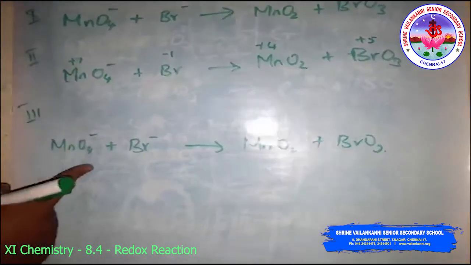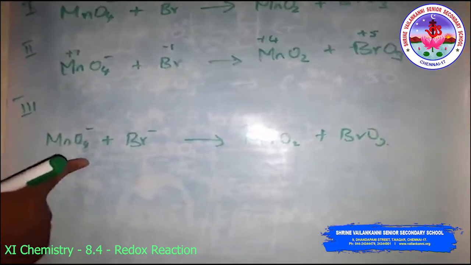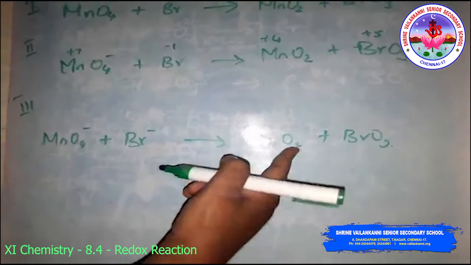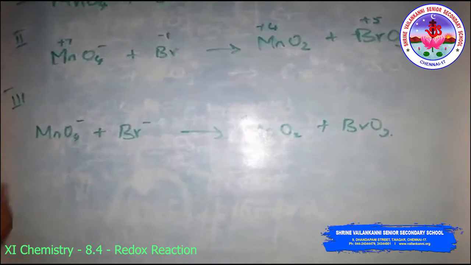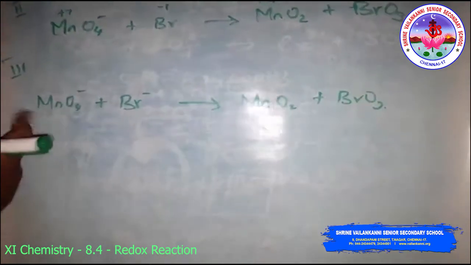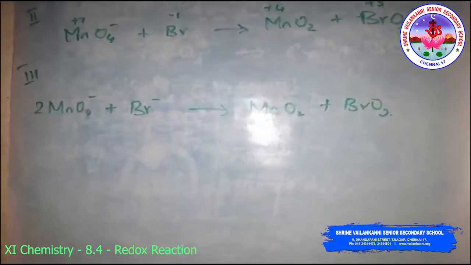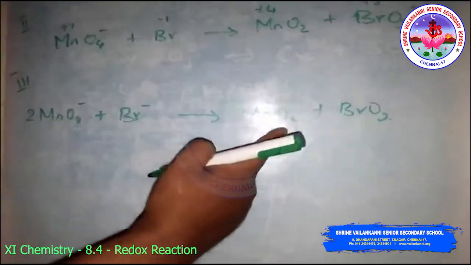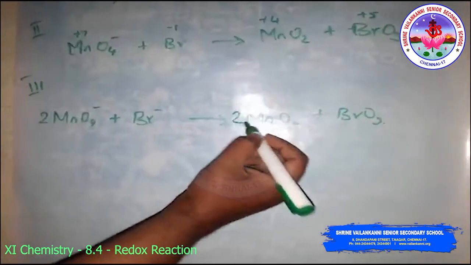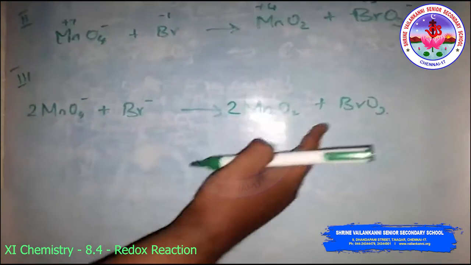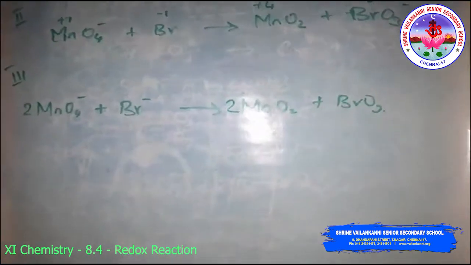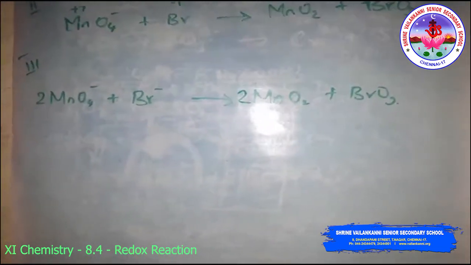Now count the oxygen: on the left there are 4, on the right hand side 5. So for balancing, just add 2: 2 MnO4 minus, then the right hand side also write 2 MnO2.